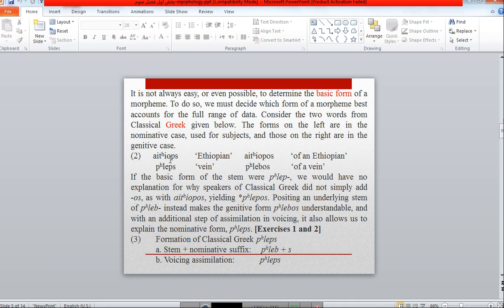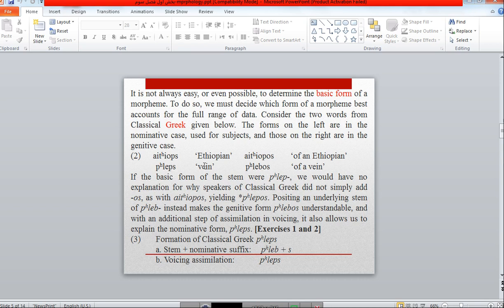So Aethiop is the basic form. But for the second row, it is difficult to determine the basic form of plebs and plebos. If the basic form of the stem were pleb, with p, we would have no explanation for why speakers of classical Greek did not simply add os, as with Aethiopos.